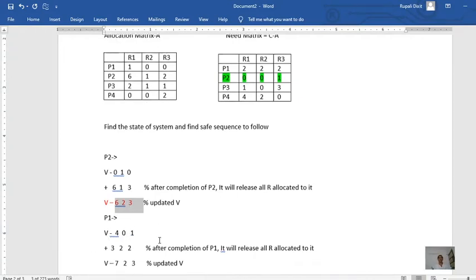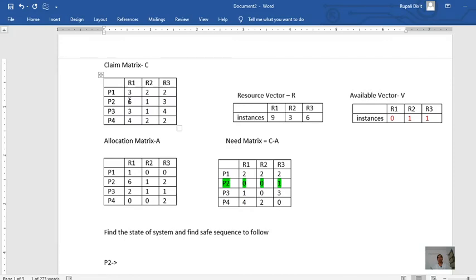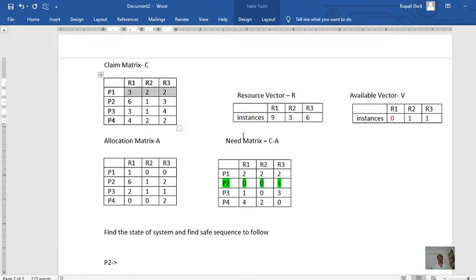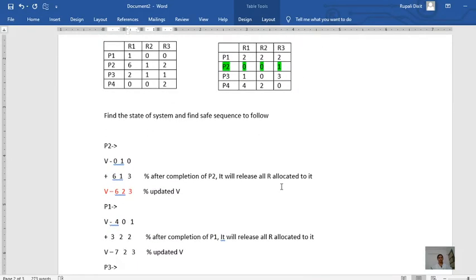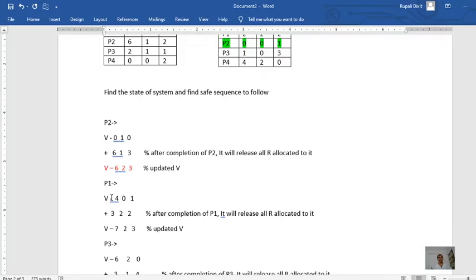Once I complete the execution of P1, how many resources is it going to release? 322. So this must be added into my available vector. I add 322 to the currently available 401, so it becomes 723. This is the updated vector after completion of P1.